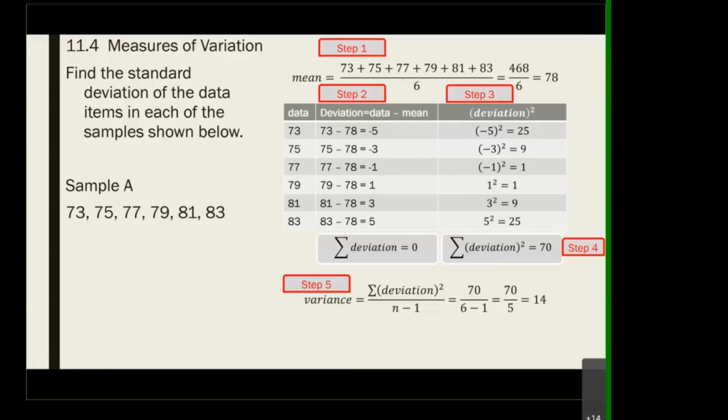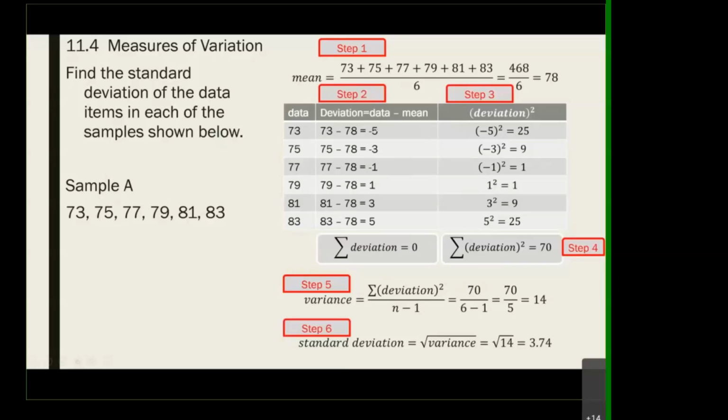The question asks you for the standard deviation. So what is step 6? Step 6 is your standard deviation. How do you find it? You take the square root of the variance, the square root of 14, which is 3.74. This is your average difference.